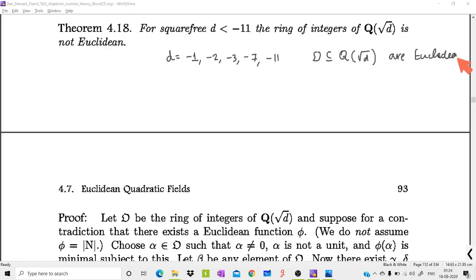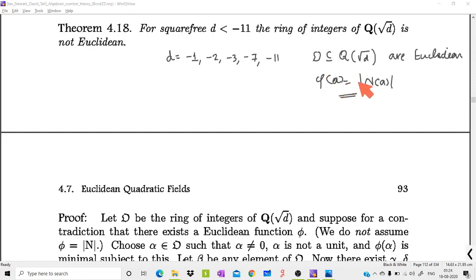In this case, the Euclidean function was phi of a is equal to the norm of a. This was the Euclidean evaluation in that case.